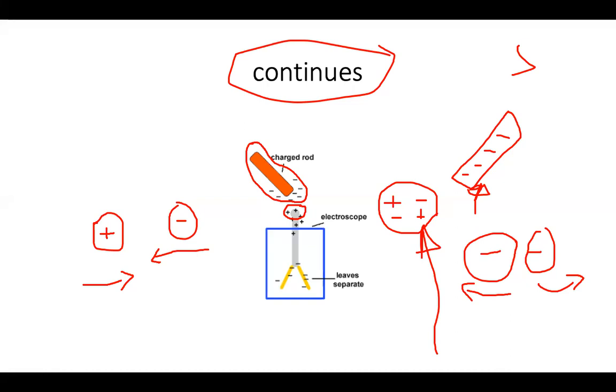So when this negatively charged rod was brought near, all the negative charges that were on this disc were pushed down through the brass rod. They ran away from their fellow negative charges, leaving only positive charges around this environment, so that there will be a stronger force of attraction between these different charges.